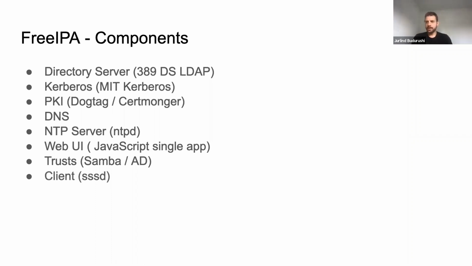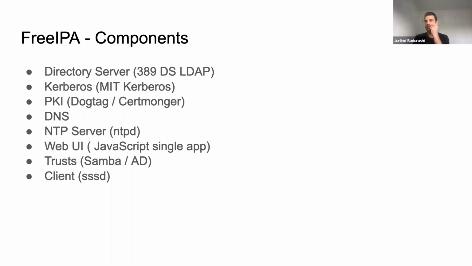Last but not least, you have the client, which implements the System Security Services Daemon. The client can use any standard protocol, for example LDAP or Kerberos, or even network information services from Linux.